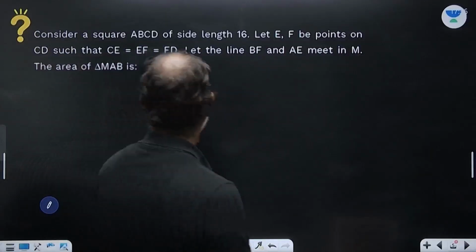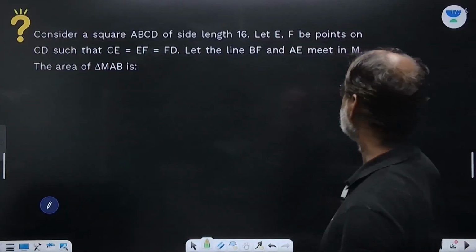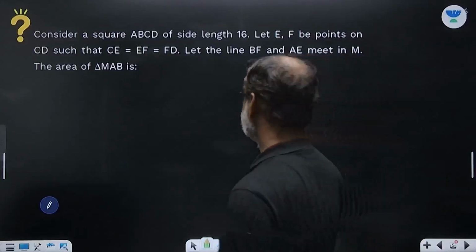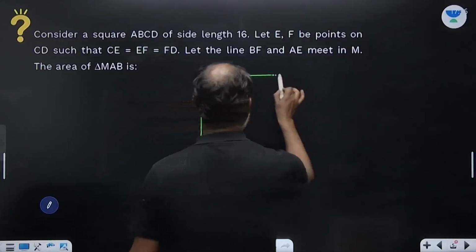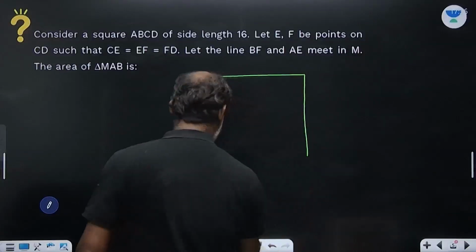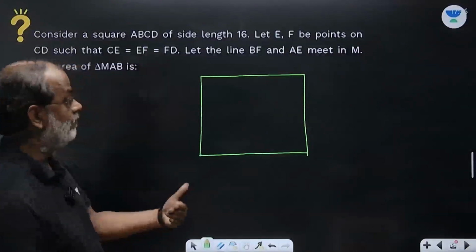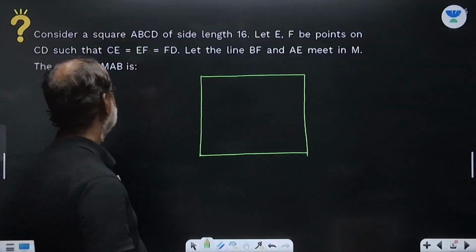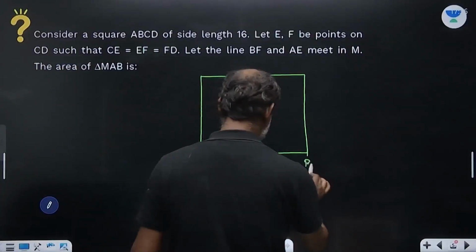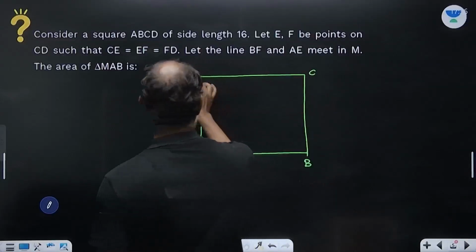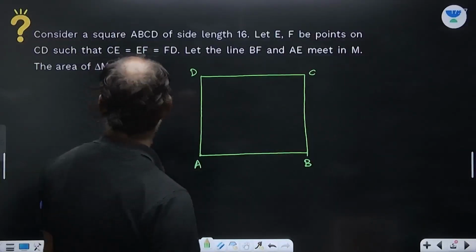Now, consider a square ABCD of side length 16, E and F be the points on CD. I have chosen problems sequentially, from very easy problems to reasonable, and then we will move ahead. E and F are points on CD.